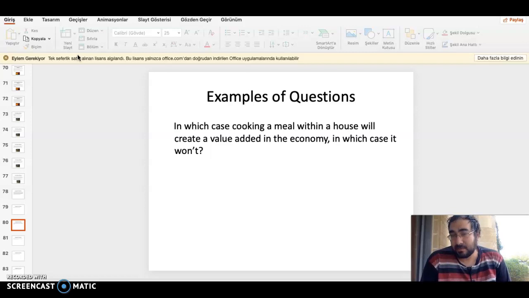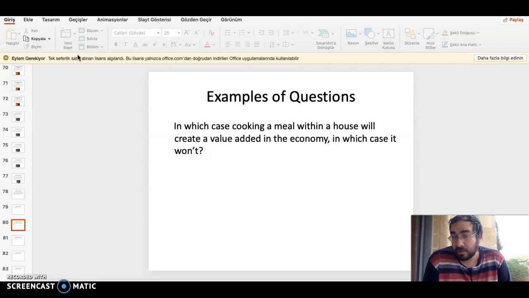In each case, it will create a value added in the economy and it will be added to the GDP. But if you cook the meal and eat it yourself, or if you cook the meal and distribute it freely to people, in that case it doesn't have a value added in the economy, because something only has a value added if it is sold.